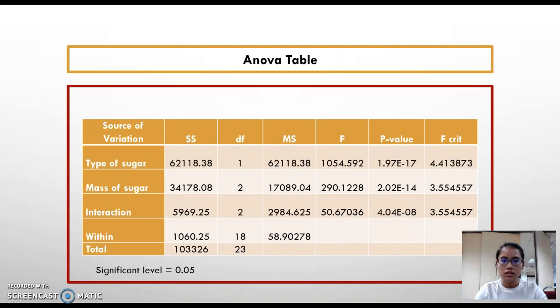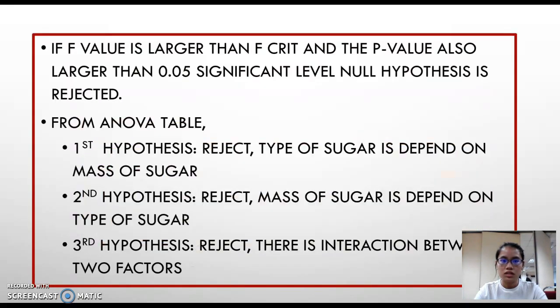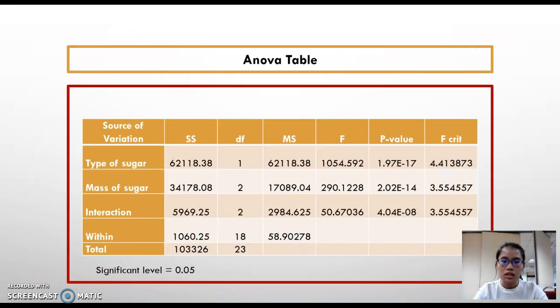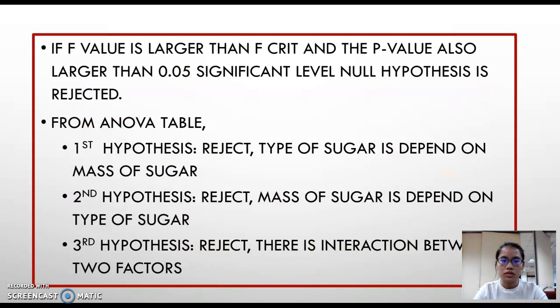As you can see for the first row, the source of variance type of sugar, the p-value is very small, smaller than 0.05. So we reject the first hypothesis. Therefore, the type of sugar depends on the mass of sugar. The same goes for the second hypothesis because the p-value is also very small, smaller than 0.05.